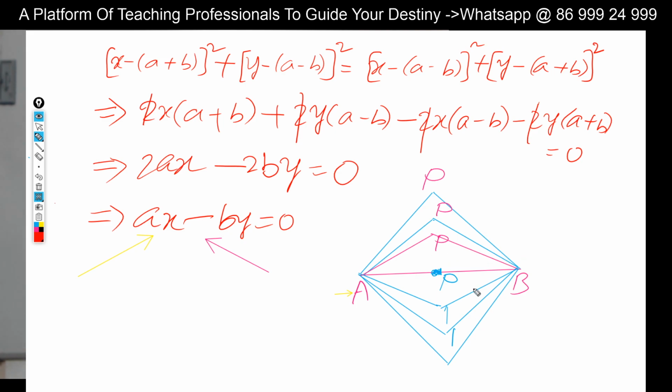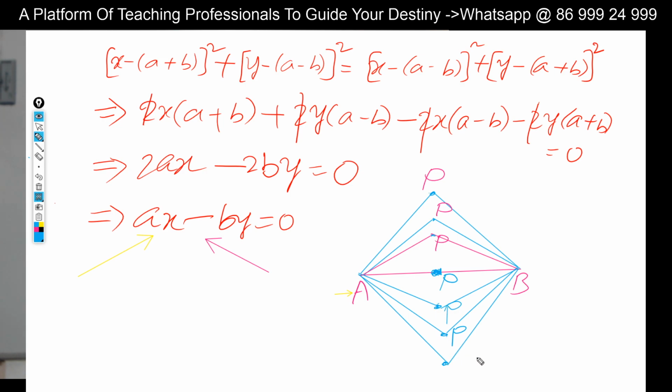Right. Now, what I'd like to tell you here is, how many such P's are there? Infinitely many such P's are there. All these P's are lying on the locus, please.